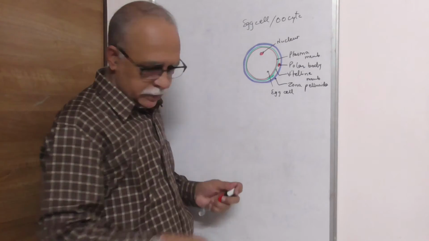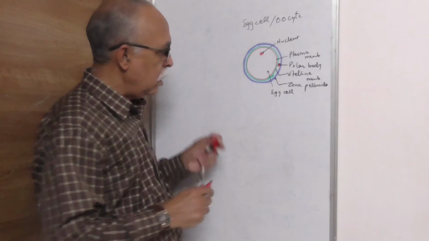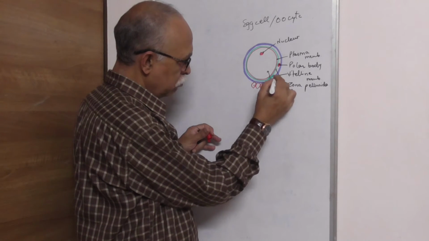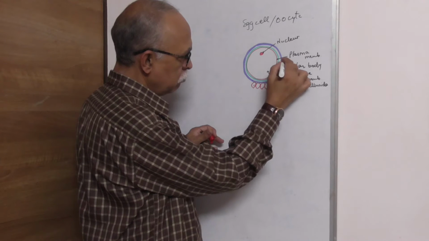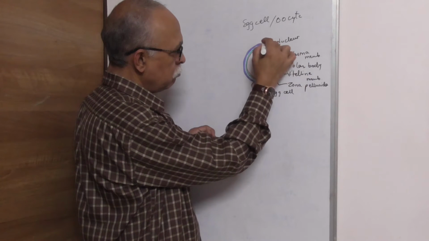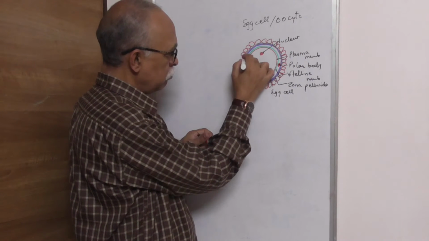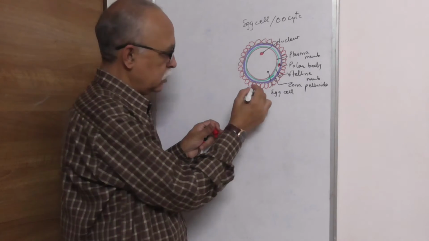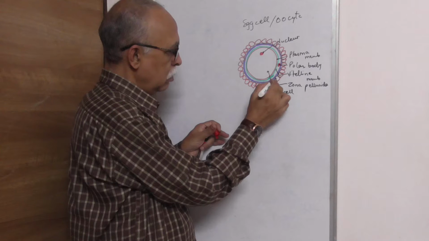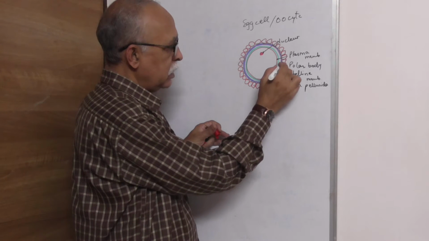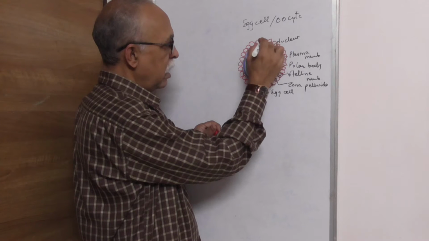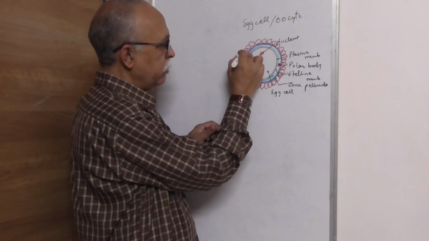In addition to all this, around the whole thing, there would be these cells. Keep in mind, these are all diploid cells. They can be named follicular cells.